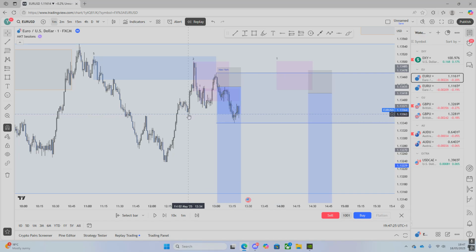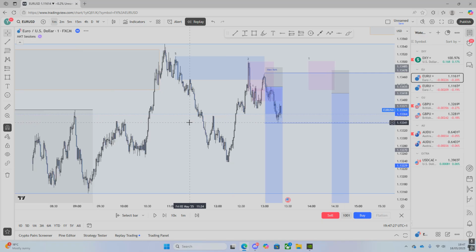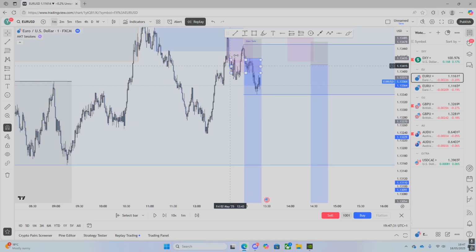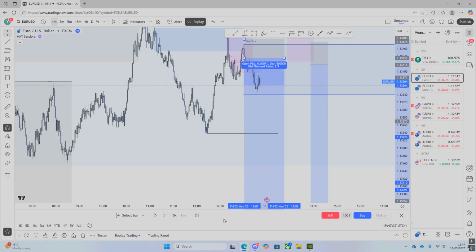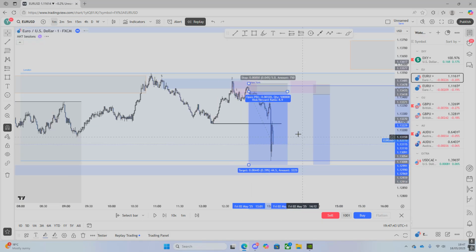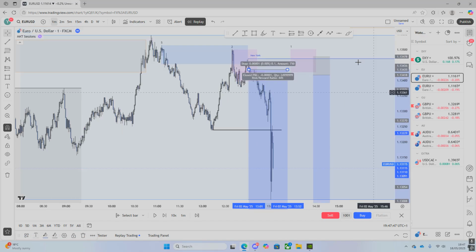Do you think here's a bit early? I think it's a bit early, to be fair. I'm gonna break even here. Yep, now I'm break even. Now my trade is risk free.